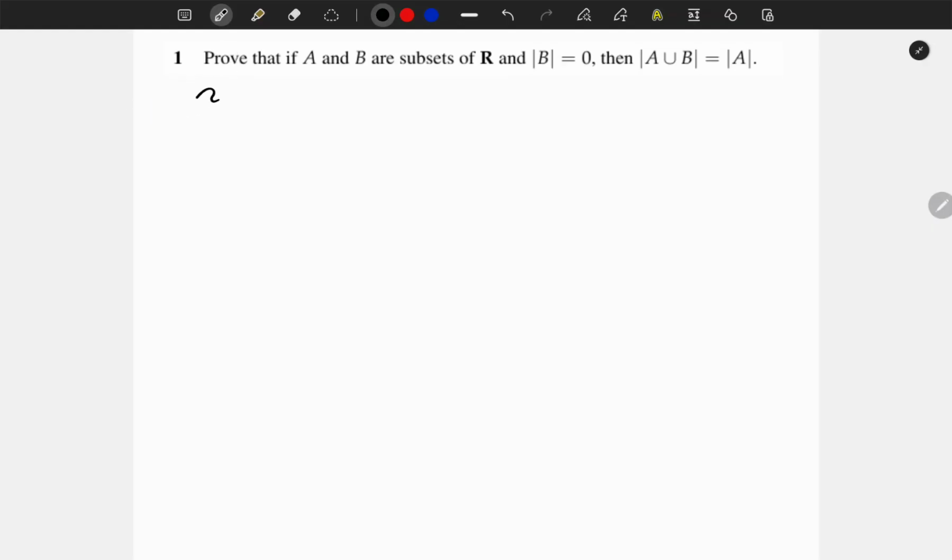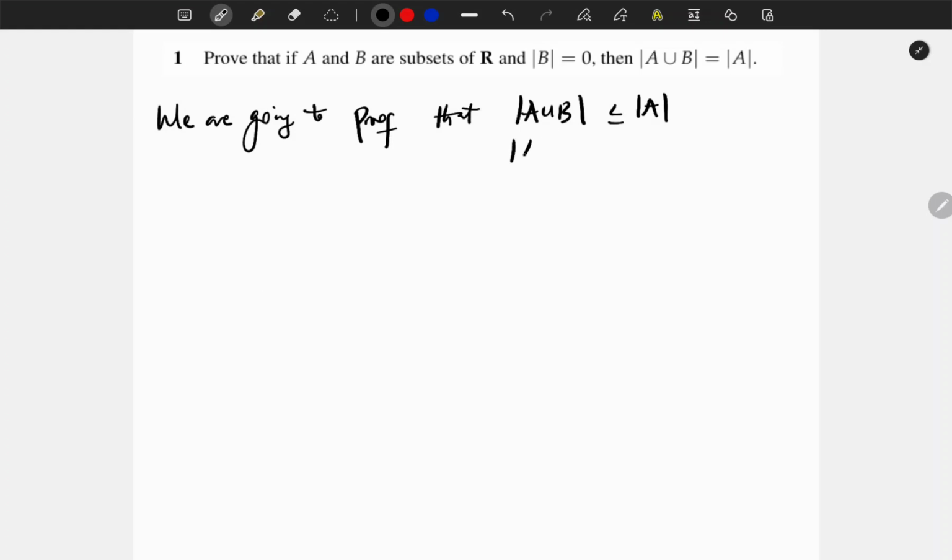First we are going to prove that the outer measure of A union B is less than the outer measure of A, and then we are going to prove the other direction. Then we can conclude that the outer measure of A union B equals the outer measure of A. So let's start with the first one.